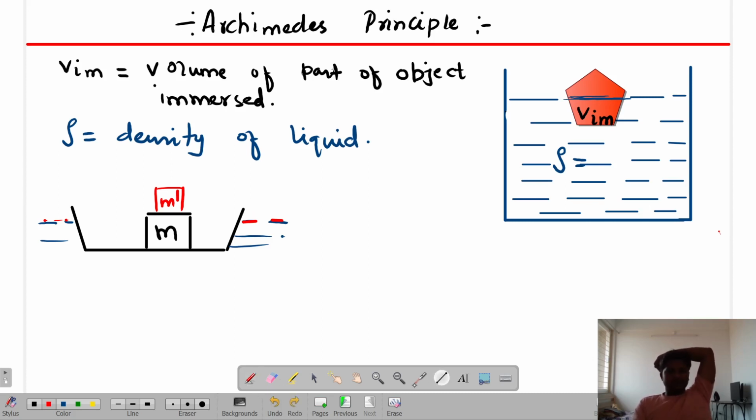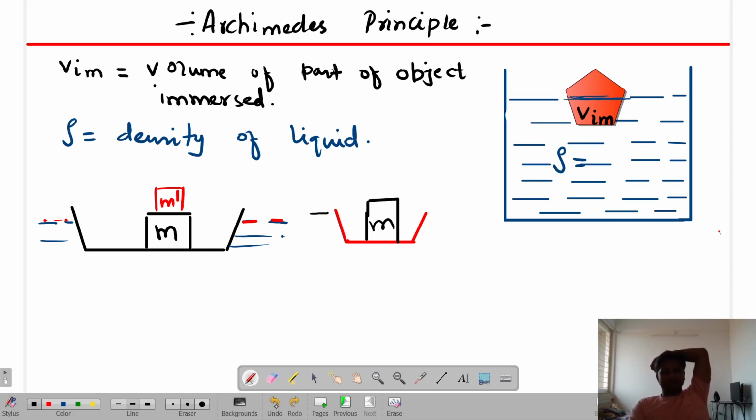But when he reduced the shape of that boat, he found out that although it had this much volume and this much mass, the water level was very high.